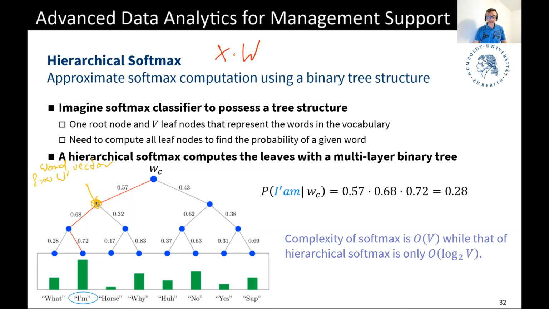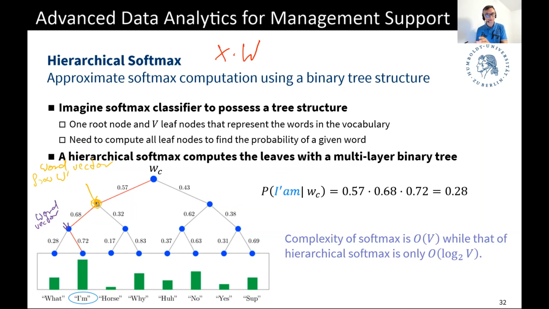So we calculate the dot product of WC with another word vector. The tree structure is generated together with the vocabulary.